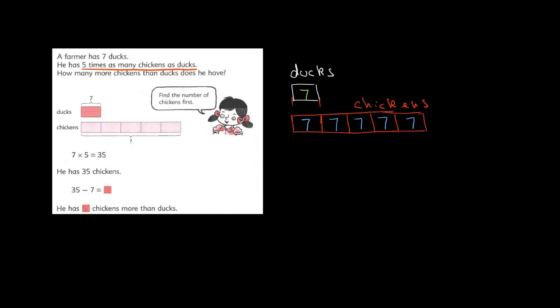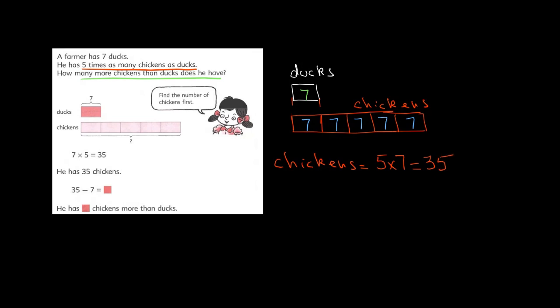Okay, so how many more chickens? That's an interesting question. How many more chickens than ducks does he have? So let's first find out the number of chickens. If I look at the number of chickens, that's just going to be, as you can see, 5 sevens. And if you compute 5 sevens, add 7 five times, the answer is 35.